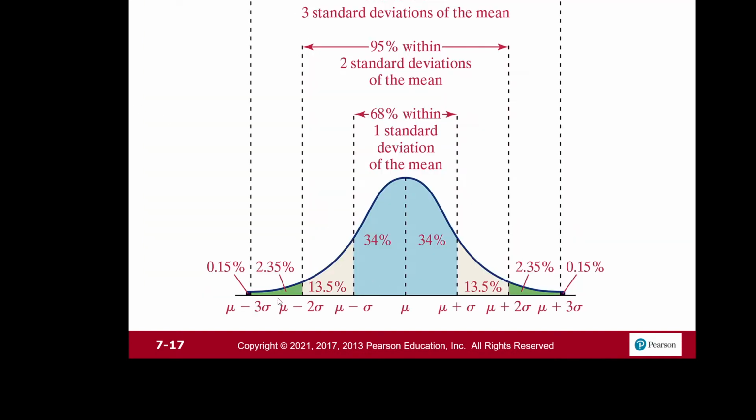So this is the empirical rule, which basically states 68% are within one deviation of the mean, 95% of data is within 2 deviations of the mean, and nearly all of the data values in a normal distribution are within 3 standard deviations of the mean. So once you go outside 3 deviations, it is very rare and unlikely.